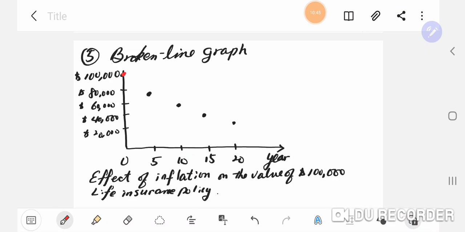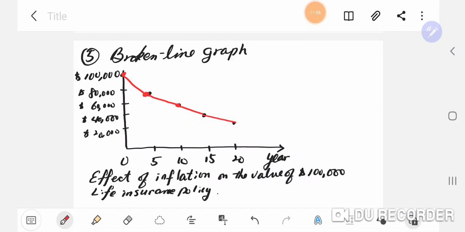Then every 5 years, it decreases because of the inflation rate of, let's say, 5%. Then this one decreased 5%, and after another 5 years, it also decreased 5%, and so on.